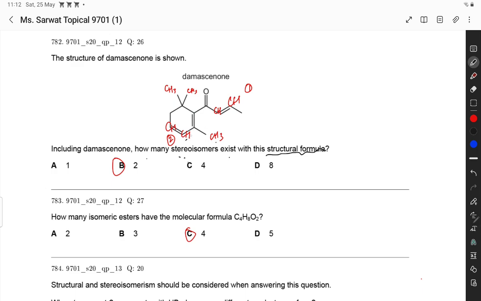CH3 and CH, this is different. How many stereoisomers? This is 1 and 2.